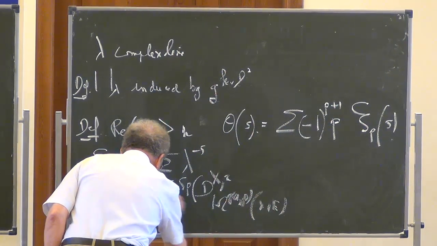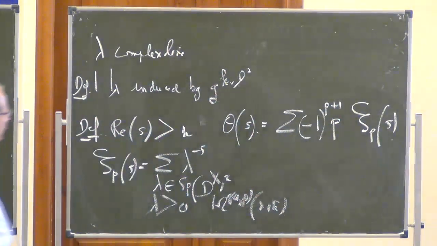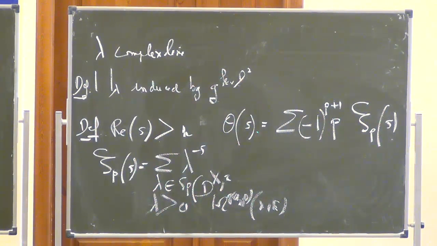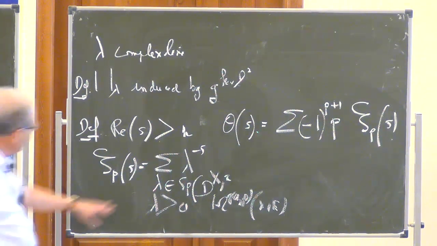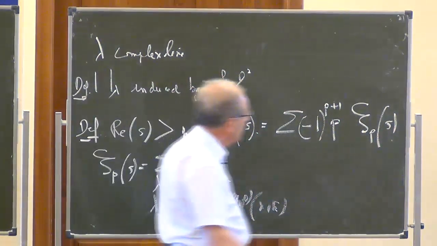And of course here I take λ positive. So in other words, I exclude the zero eigenvalue and I just take the collection of eigenvalues of the Laplacian and I form λ^{-s}.